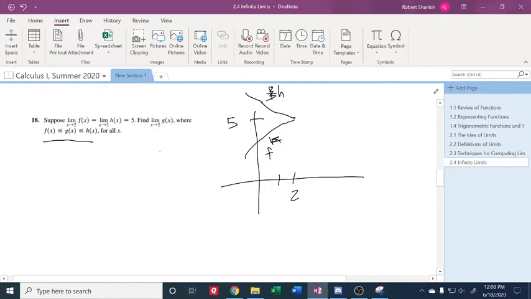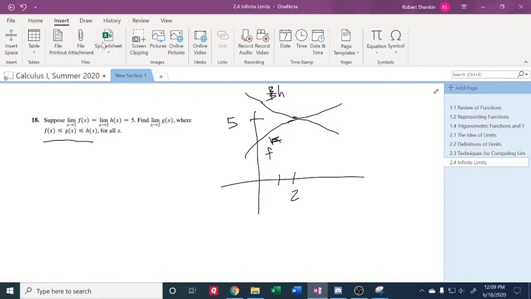Now, it must be true that for all values of x, this h that's above the top might actually go something like this and then loop back up. And this one might go through here and loop back down. Because for all values of x, the h is up above the f.